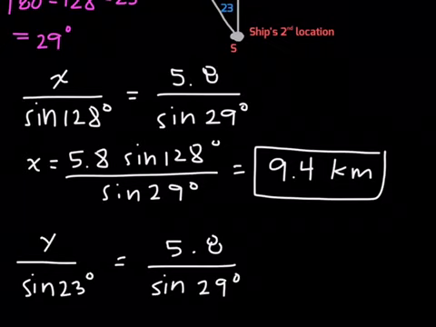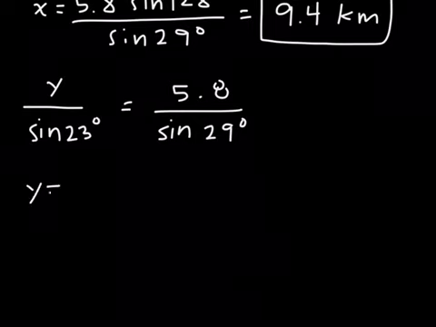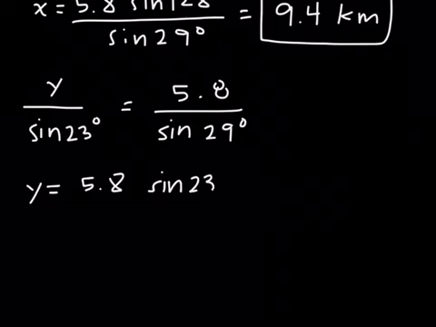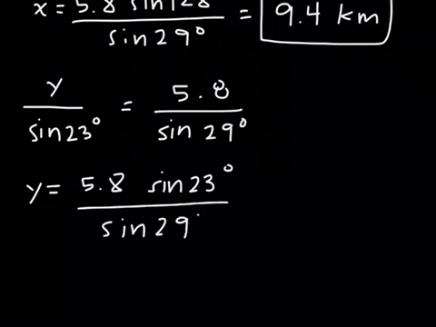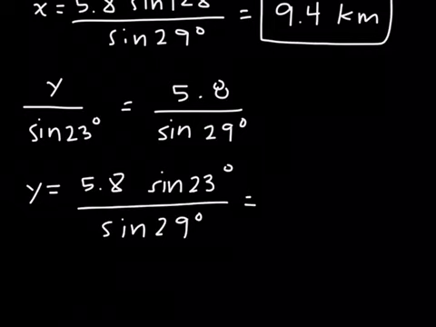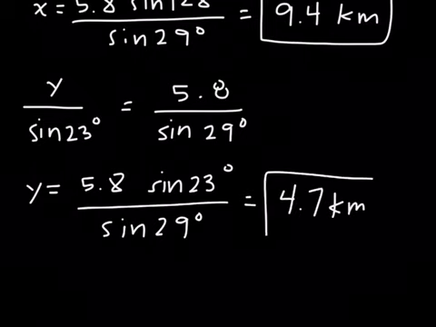So we're going to find that y is exactly equal to 5.8 kilometers times sine of 23 degrees, all of that divided by sine of 29 degrees. And you're going to find that the distance from the ship's first location to the lighthouse to the nearest 10th kilometer is going to be 4.7 kilometers. So I'm hoping that you're finding these two answers.